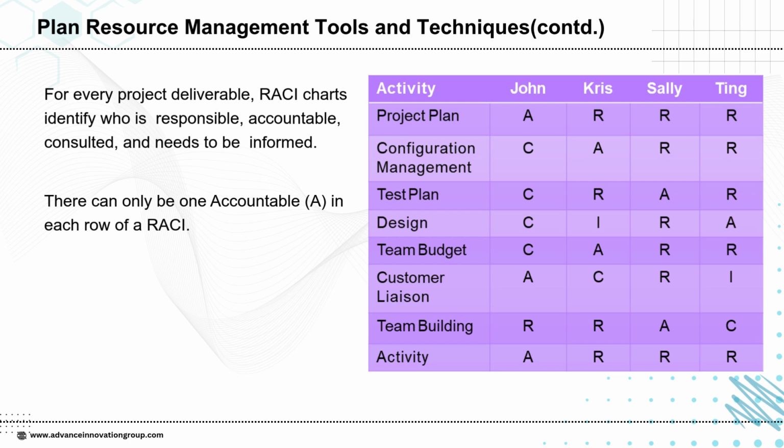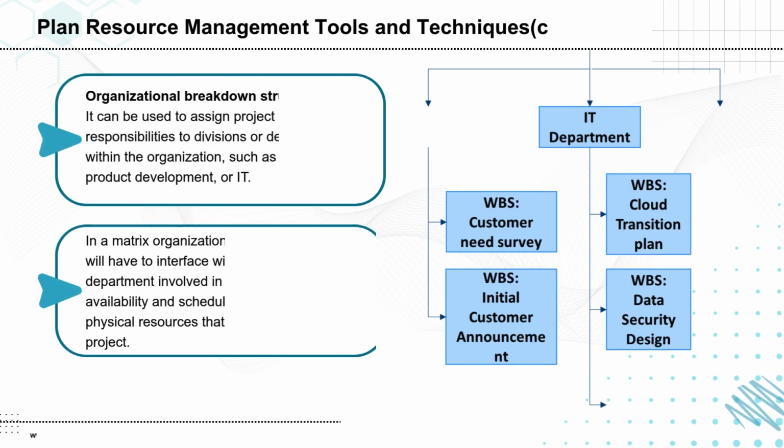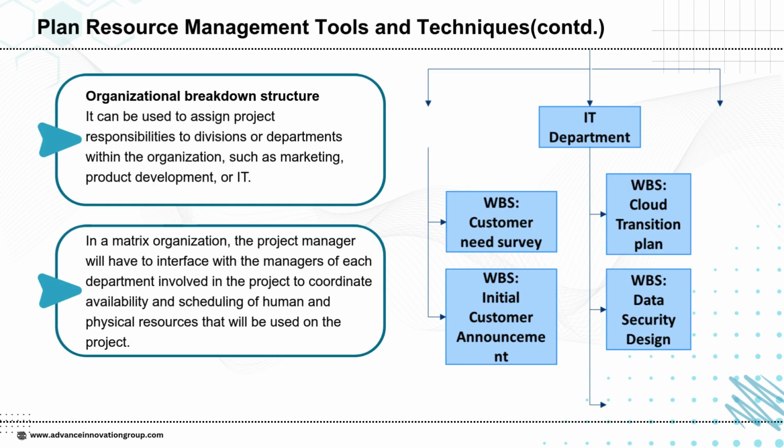The Organizational Breakdown Structure (OBS) is a key tool in plan resource management that helps assign project responsibilities to various divisions or departments within the organization, such as marketing, product development, or IT. It provides a clear view of which parts of the organization are responsible for specific tasks or deliverables.